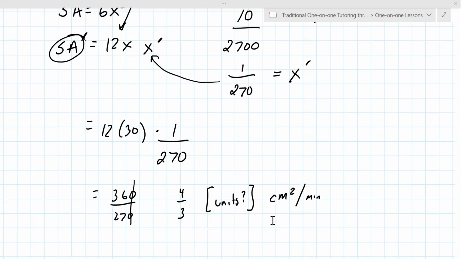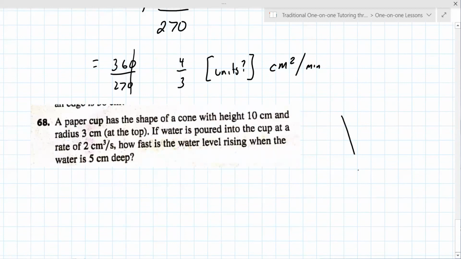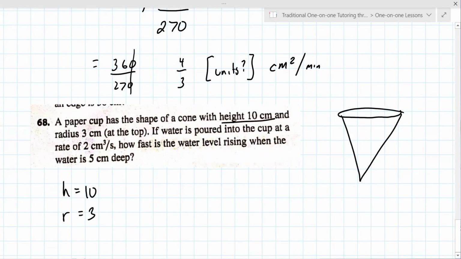Great. A paper cup has the shape of a cone with a height of 10 centimeters. I like to actually start writing these things out. H equals 10. And the radius at the top is 3. Water is poured into the cup at a rate of 2 centimeters cubed per second. Based on the units, that's V prime.